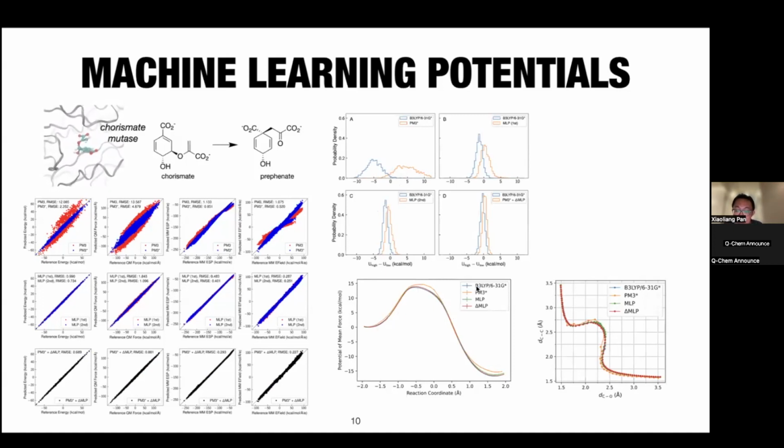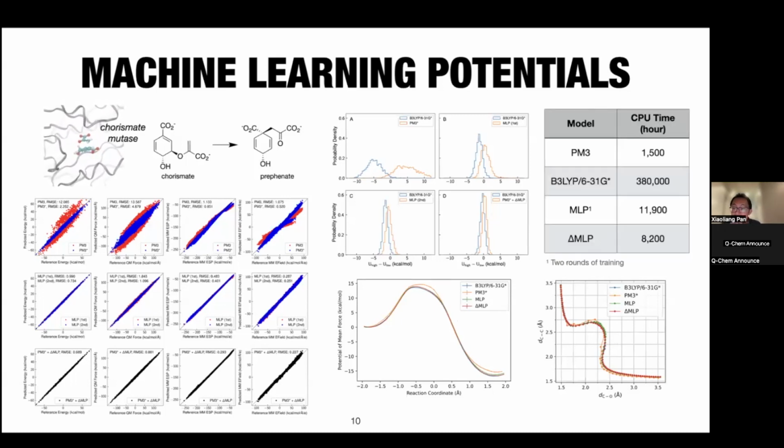We can see this orange one is the PM3 star model. So it gives us decent results. But the two types of machine learning models give us even better prediction compared with the DFT one. That can also be seen from the sampled pathway from these models.